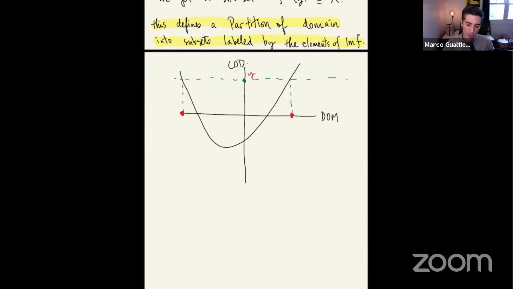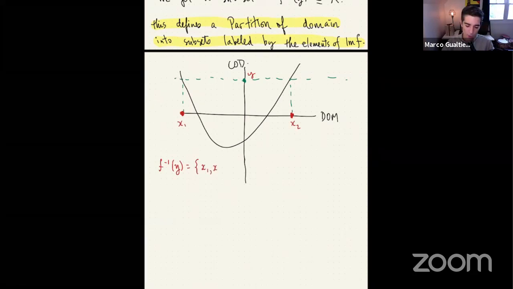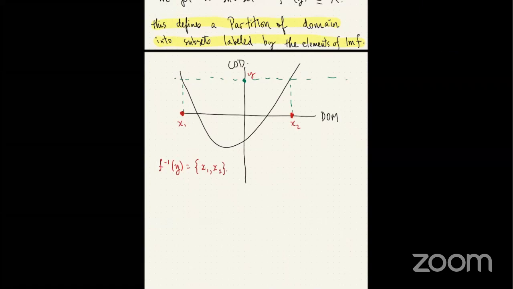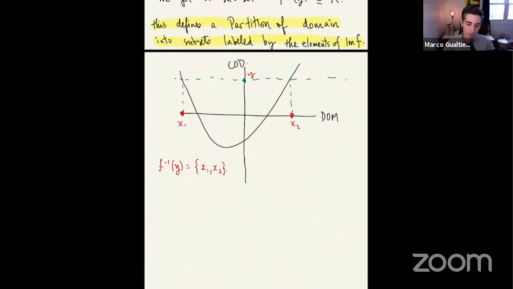If I call this Y, this would be X1 and X2, and the pre-image of Y would be the set containing X1 and X2. Okay, and so that makes up a partition? Yes, that's right.